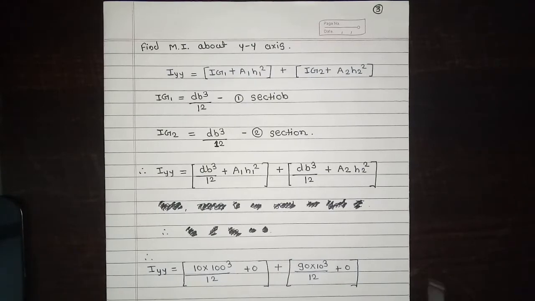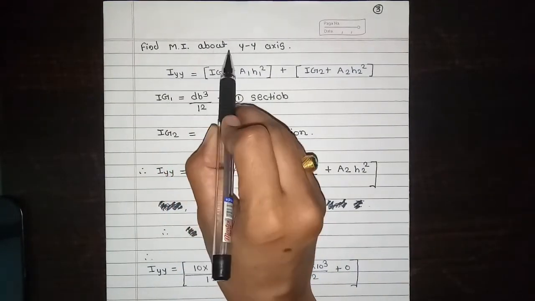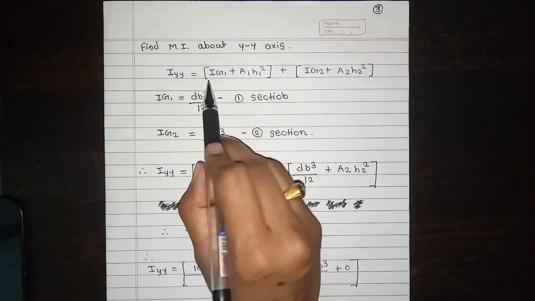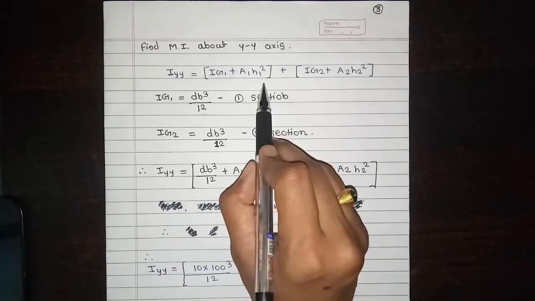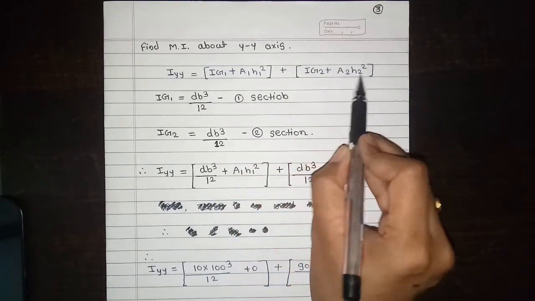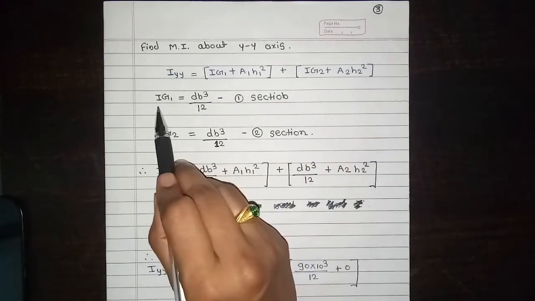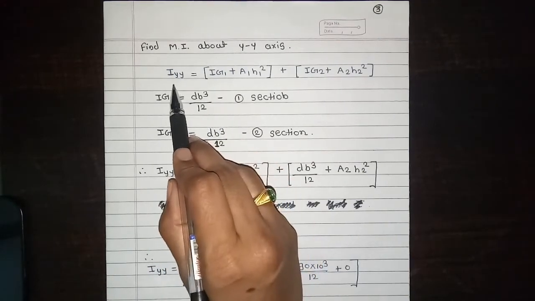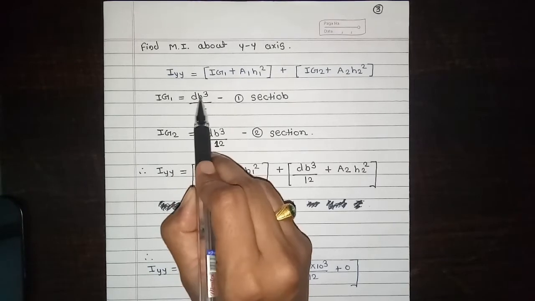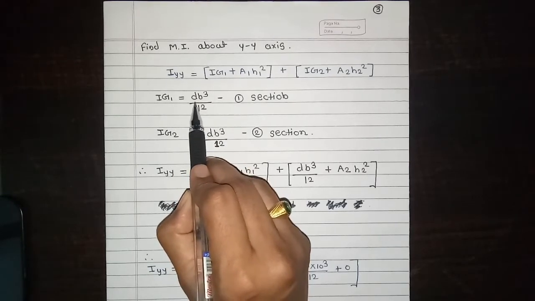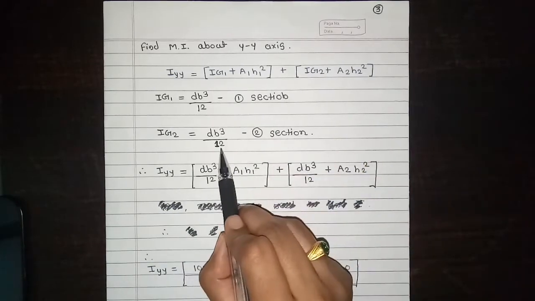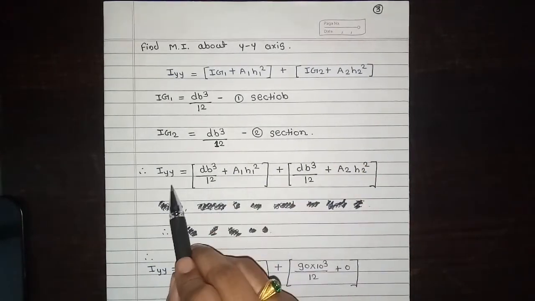Then step third, find the moment of inertia about the y-axis. Iyy is equal to Ig1 plus A1 H1 square plus Ig2 plus A2 H2 square. So Ig1 is dB cube by 12, first we take D, and Ig2 is dB cube by 12 for the second section.